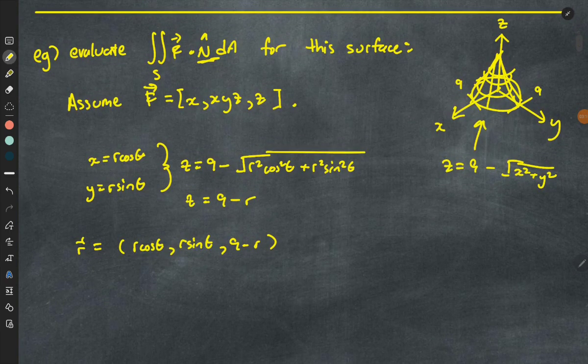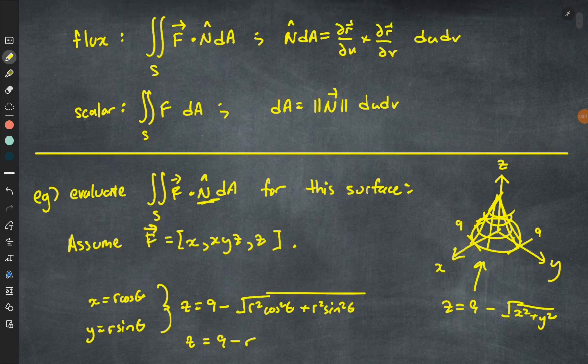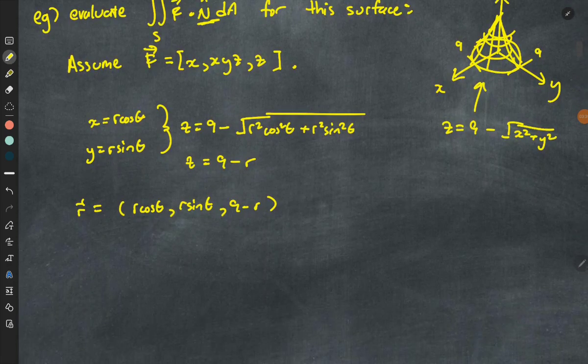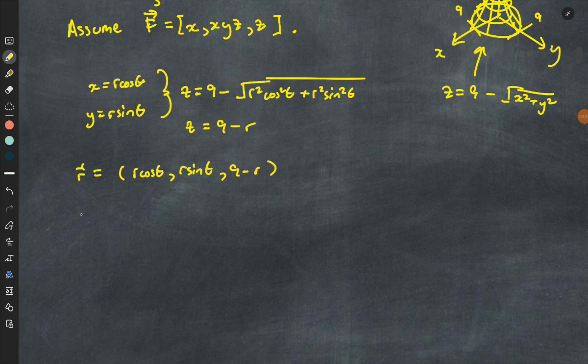To find the normal to the surface, we're going to have to take the partial derivative with respect to the first variable and cross it with the partial derivative with respect to the second variable. In this case, the two variables we're working with are r and theta.